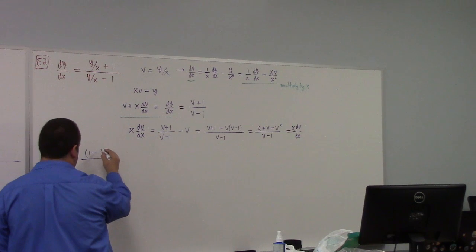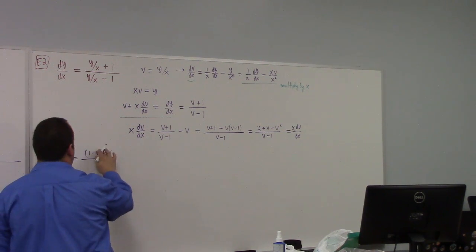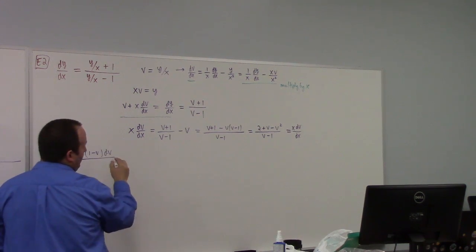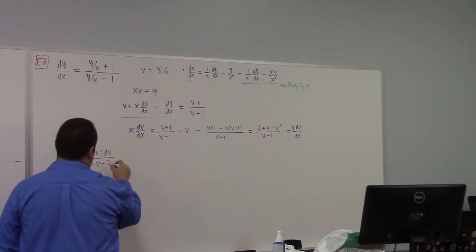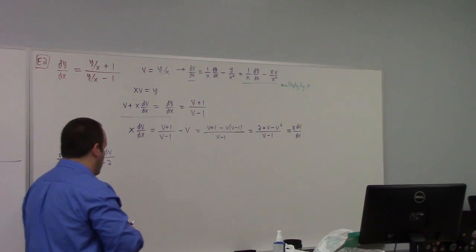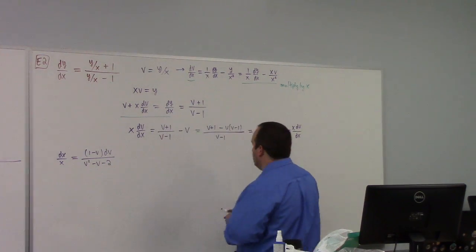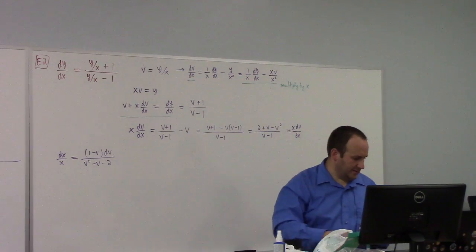So I'm going to absorb the minus into the denominator. So, goodness gracious, 1 minus v over v squared minus v minus 2. So I just multiply that by minus 1, right?